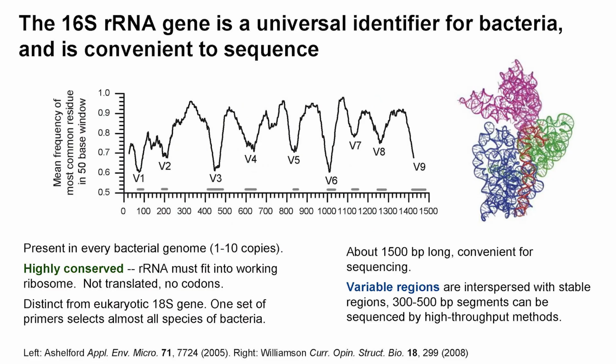Aurea suggested last time when I gave my talk on taxonomy that I start with a slide of the 16S gene, and so I'll do that today. This is the gene that is sequenced from bacteria to survey bacterial communities.